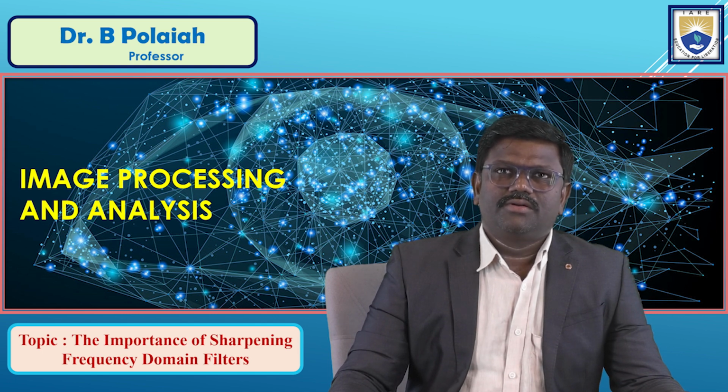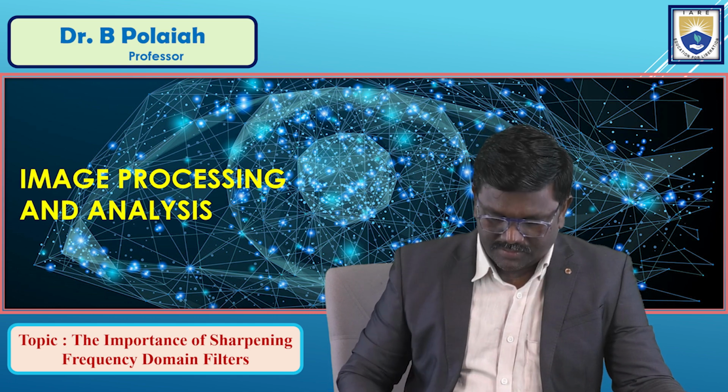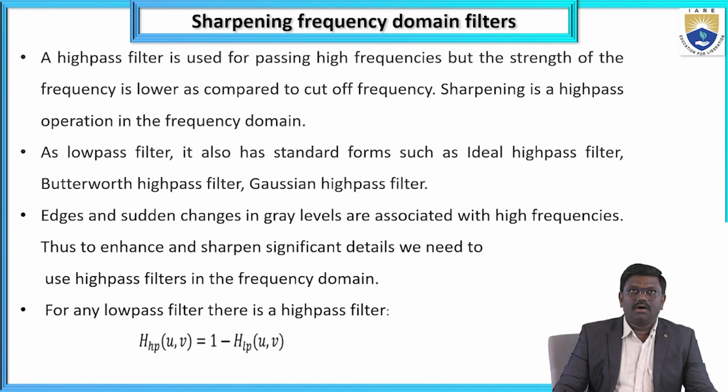Here we are going to define sharpening frequency domain filters and how they play an important role in image processing. A sharpening frequency domain filter is a high pass filter, used for passing high frequencies, while the strength of frequencies lower than the cutoff frequency is reduced.